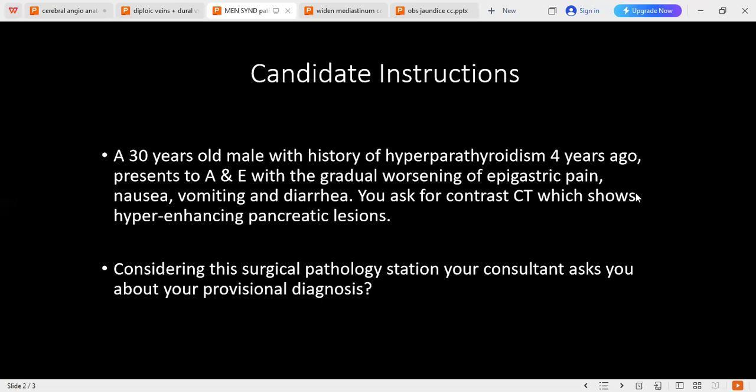How would you confirm the diagnosis of MEN2 condition? We can do ultrasound, CT scan, or MRI for investigation. And if we suspect pheochromocytoma, we can also go for MIBG scintigraphy and PET.